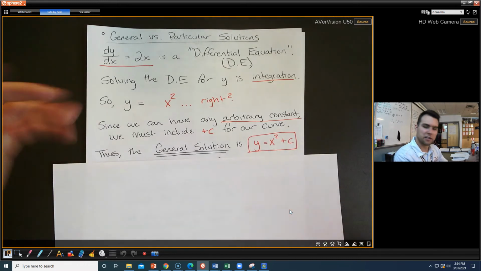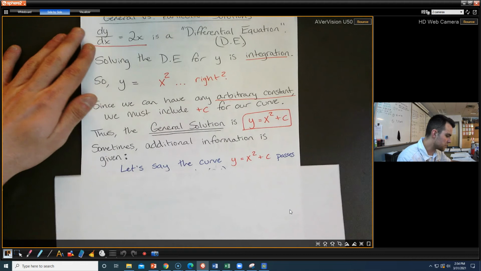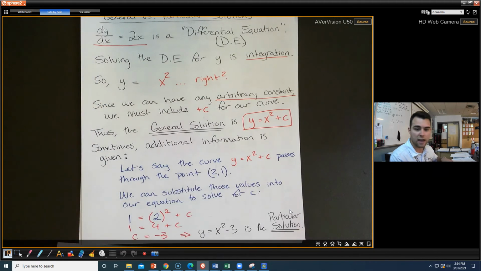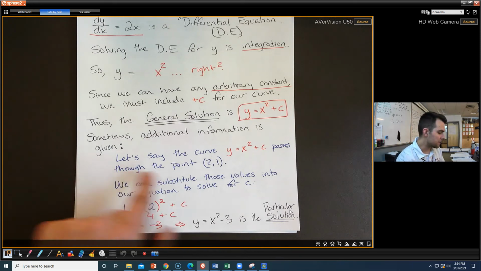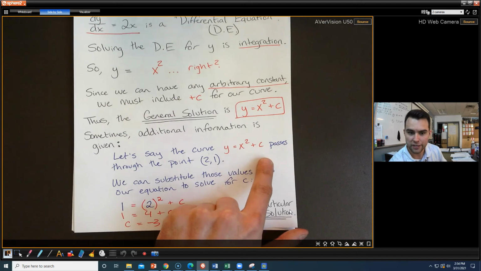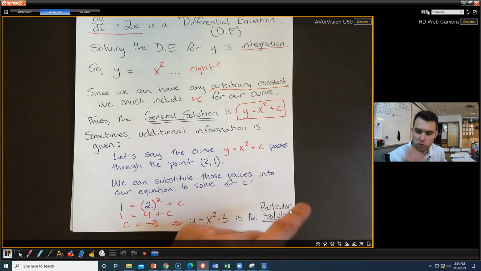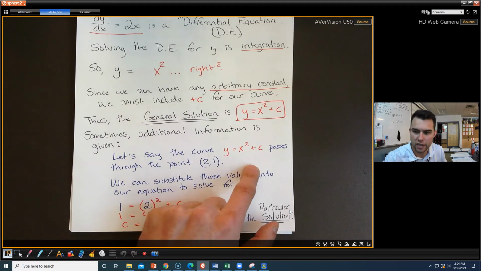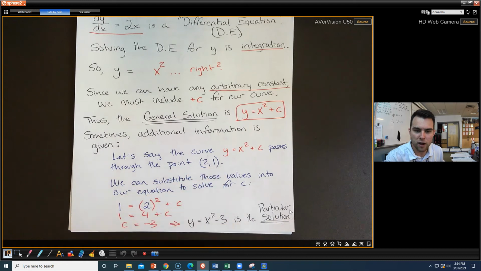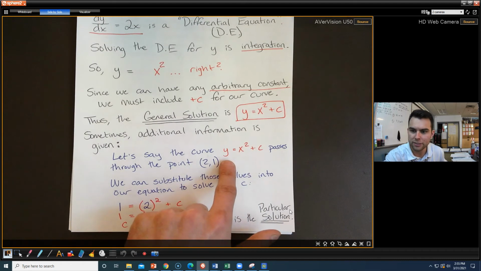Okay, a particular solution is sometimes able to be found when you have additional information. That additional information might be, let's say that the curve y equals x squared plus c passes through the point (2, 1). Well, similar to how we solve for the y-intercept when we have linear equations, we could plug this x and y into our equation here and solve for c.